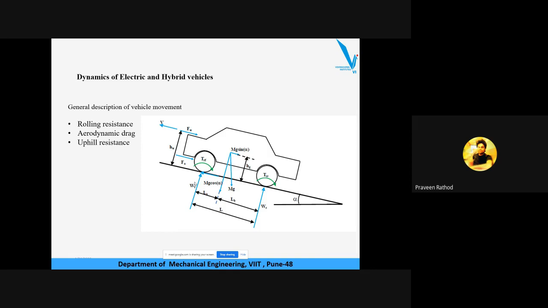Can anyone tell me what is the function of tractive force in a vehicle, whenever the vehicle is moving in the uphill direction or on a straight road? You can write it as FA or FT. FA can be written as the aerodynamic force, or FW can be written as the tractive force also.